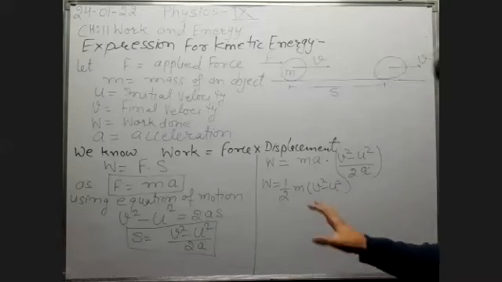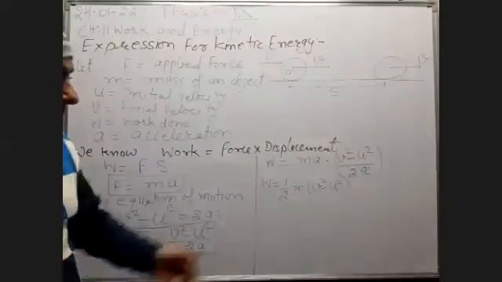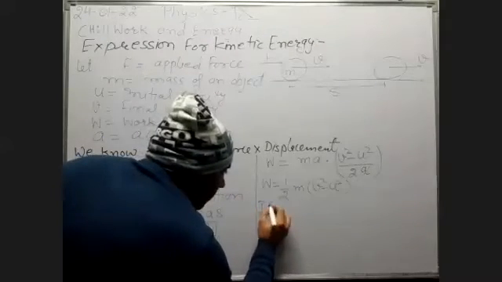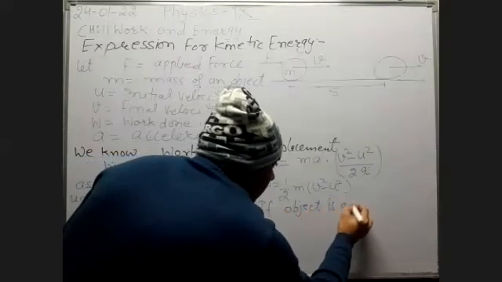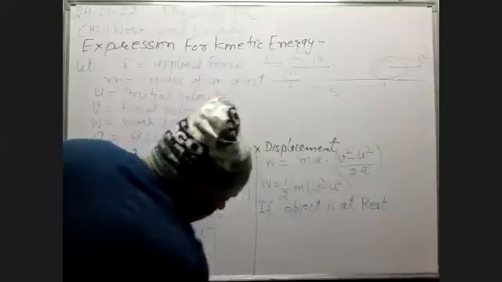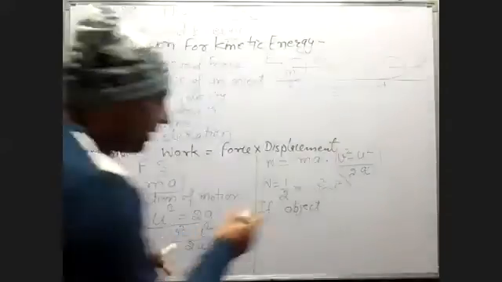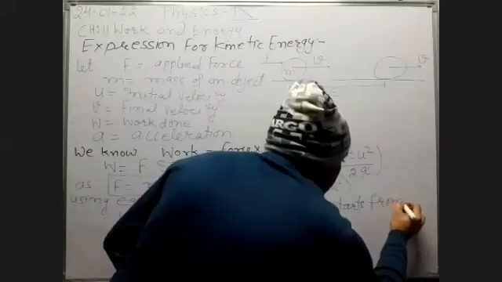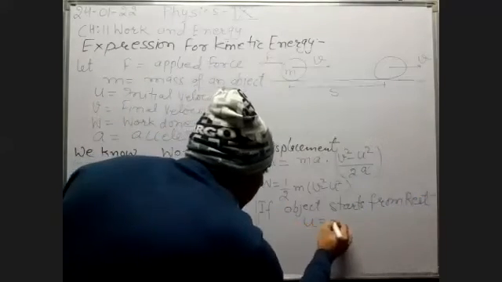If initially the object is at rest, what will be its initial velocity? Initial velocity will be 0. So यहाँ पे लिख देंगे हम if object starts from rest, not at rest. अगर वो रेस्ट पोजीशन से चलता है तो u will be equal to 0.